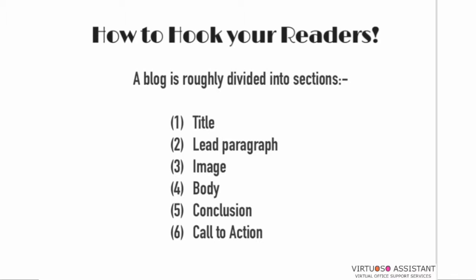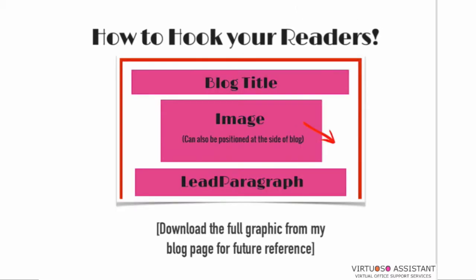And then number 2 is the lead paragraph. 3 is the image to go with your blog. 4 is the body, the main part of your blog article. 5 is the conclusion, and 6 is your call to action. I've created a graphic for you this week which should hopefully help you to divide each article up into the different sections. So if you click back to my website, you'll be able to download it from there.